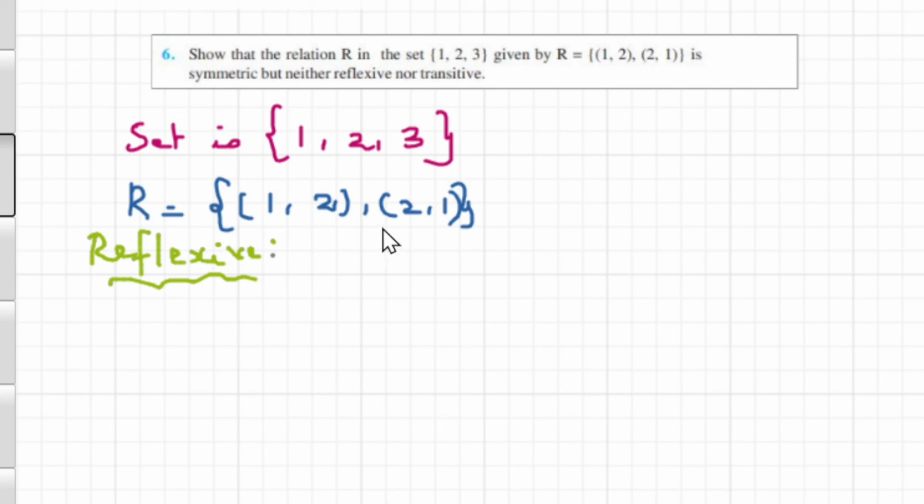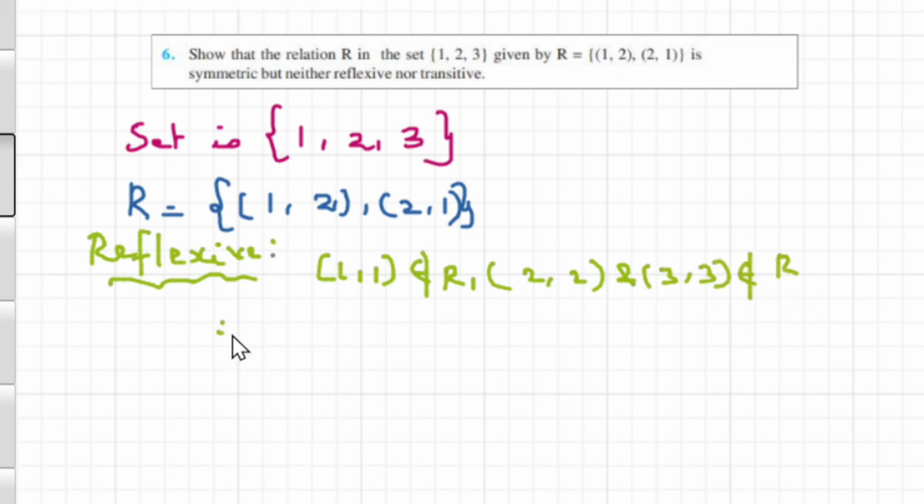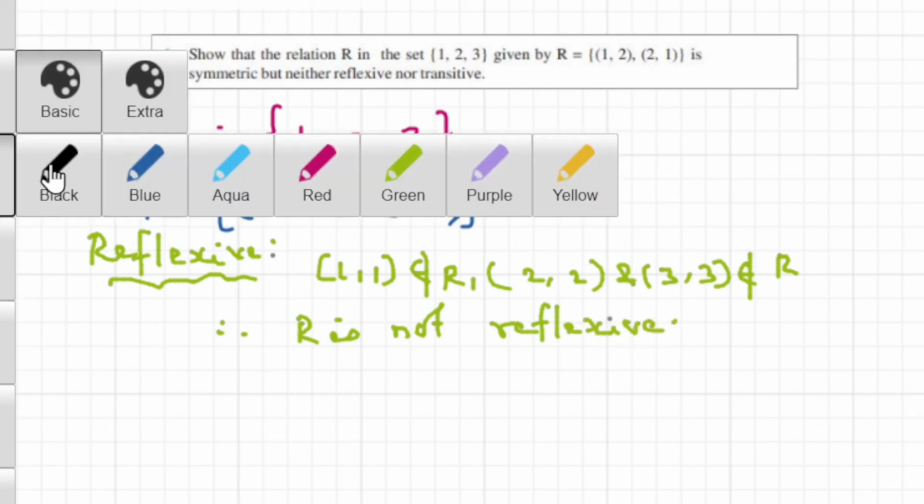So we can conclude that for the given set 1, 2, 3, 1 comma 1 does not belong to this R, and similarly 2 comma 2 and 3 comma 3 also do not belong to R. Therefore it is not reflexive. The equal entries must be there, otherwise it is not reflexive.